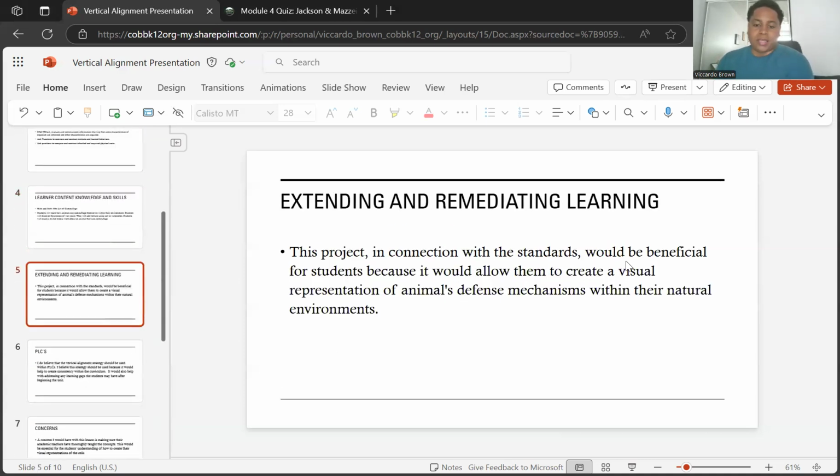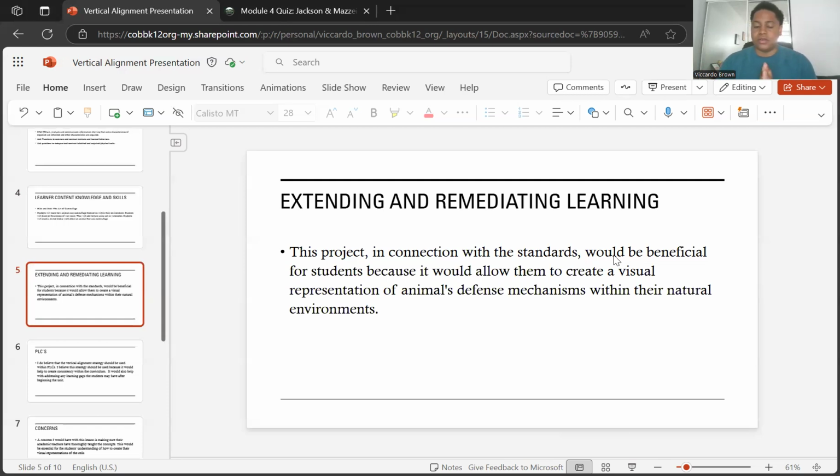So when we look at extending and remediating learning, I do feel that this project in connection with the standards would be beneficial for students because it will allow them to create a visual representation of animals' defense mechanisms within their natural environments. For example, if you have a chameleon, how are you going to represent the way a chameleon is able to camouflage themselves in any background? The kids can even do an image of an octopus.